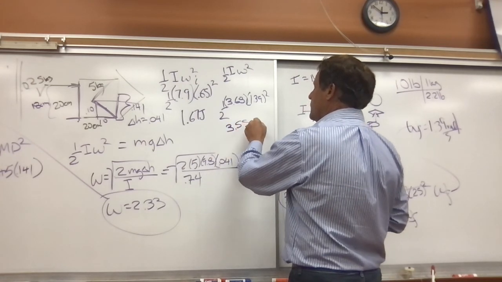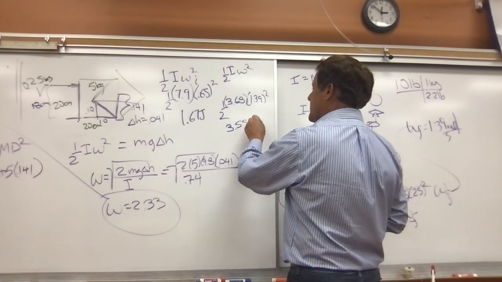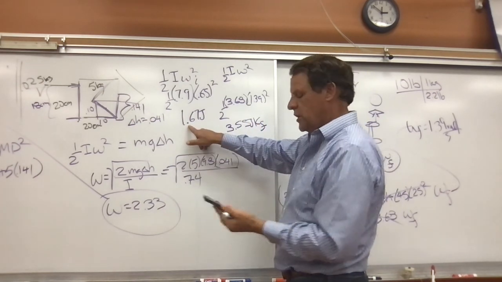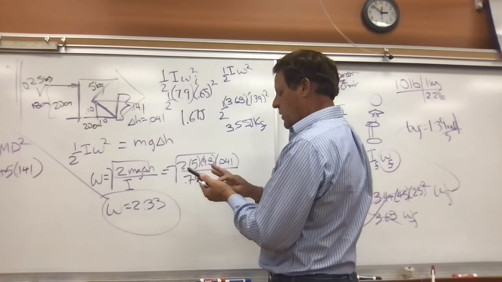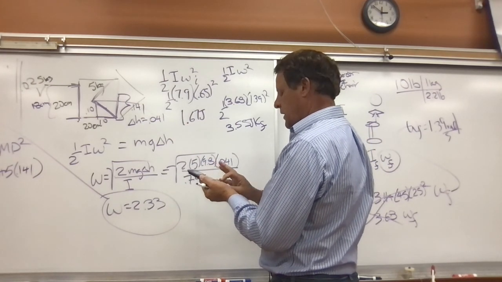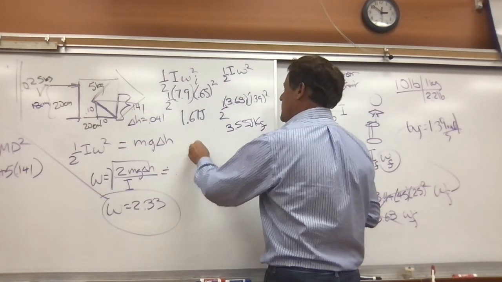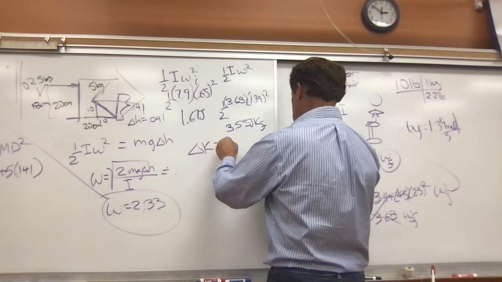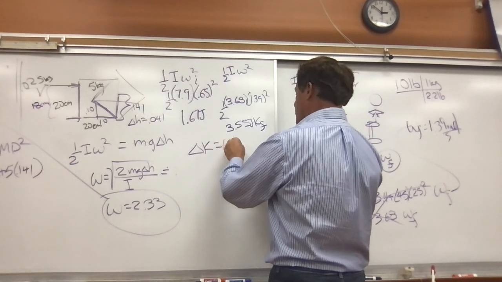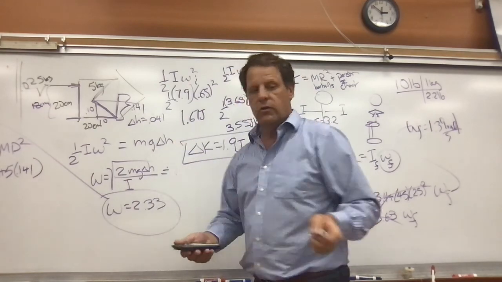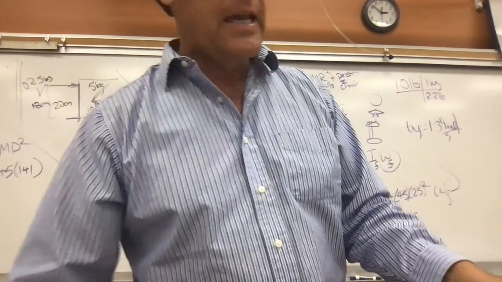Okay, so this is what the kinetic energy final was. This is the kinetic energy initial. Subtract 1.67, and we're going to get the change in kinetic energy is 1.88. We'll call it 1.9 joules. That is question number 27.